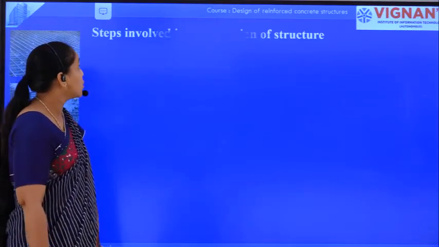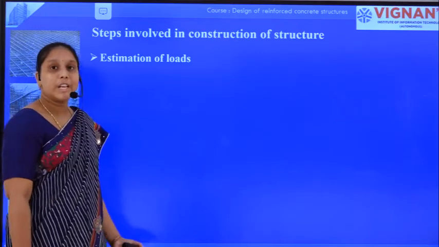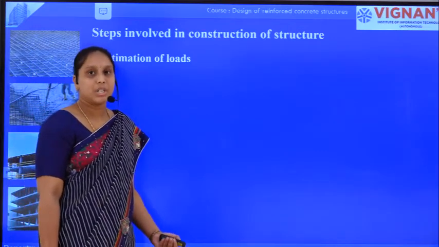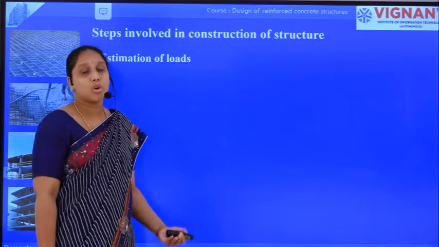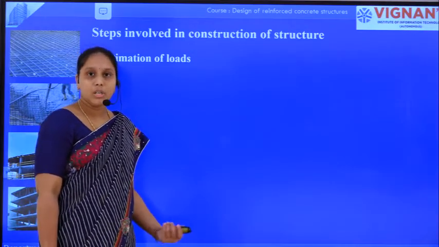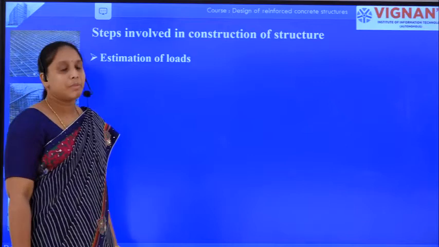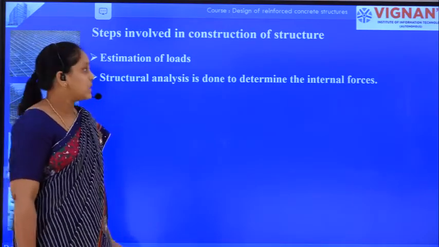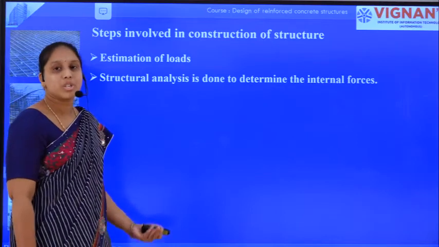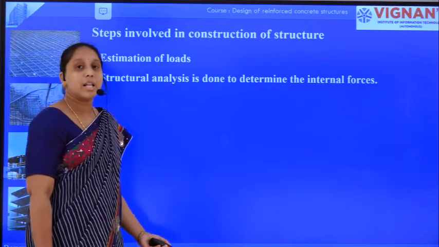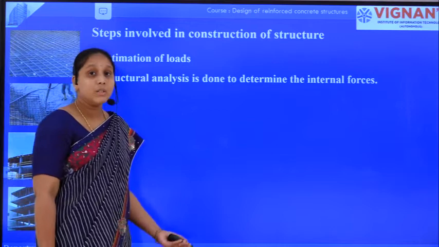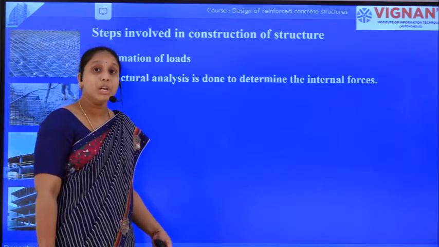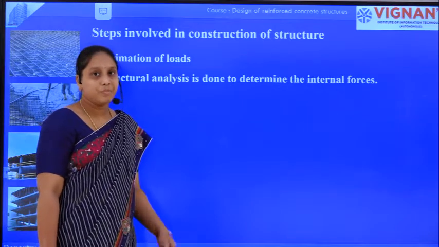After selecting the suitable materials, we'll estimate the loads which are acting on the structure, that is, what are the possible loads which can act on the structure. After the estimation of the loads, we are going to do the structural analysis. Why are we going to do the structural analysis? Structural analysis is to determine the internal forces which are developed due to the external loads which are acting.